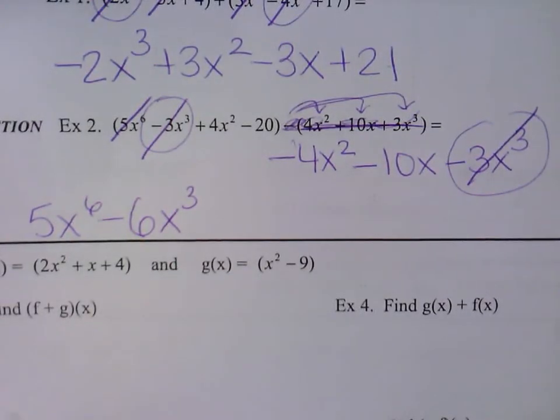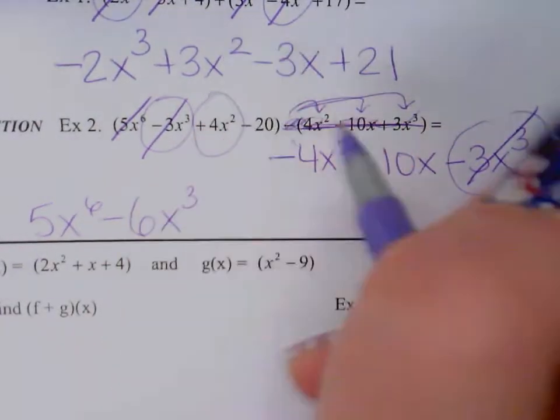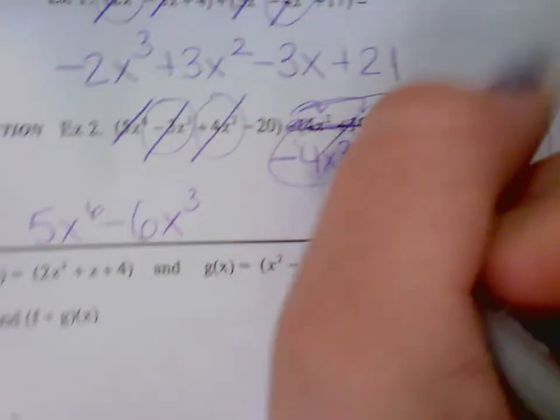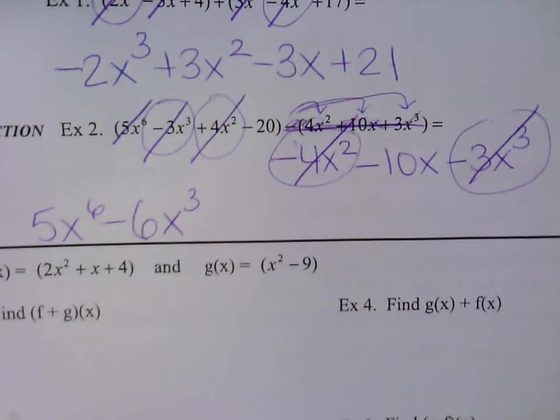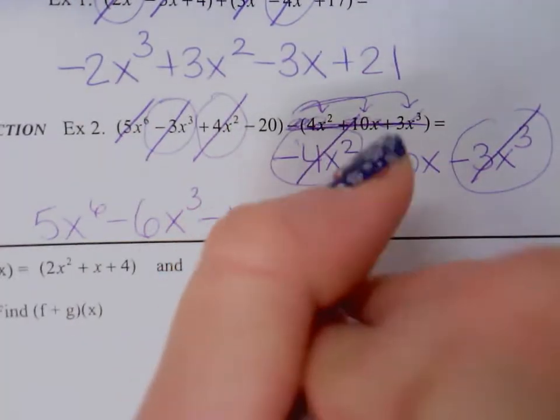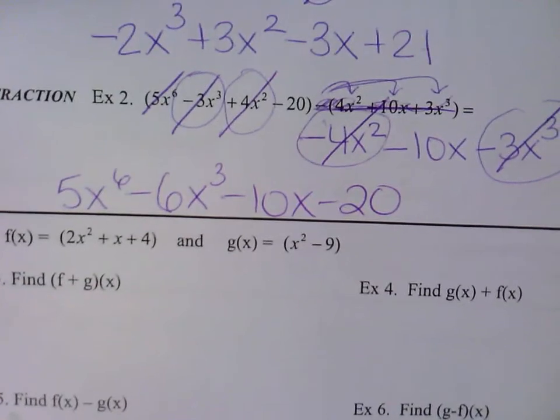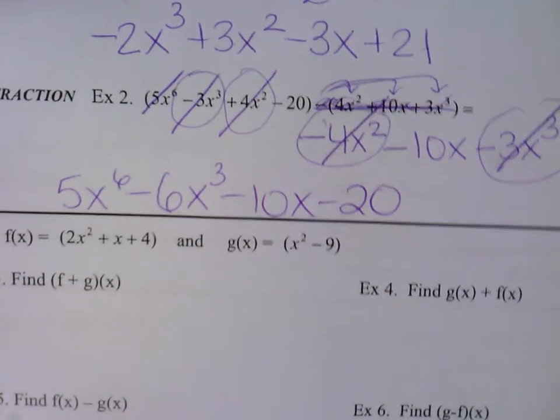What happens to our x squareds? I have +4 of them and I have -4 of them at the same time. So that adds up to 0, right? Gone. And then it looks like -10x minus 20 to finish out that function. See how you take your time and you cross out each term? You're not going to miss anything. Don't go too fast and do it all in your head.